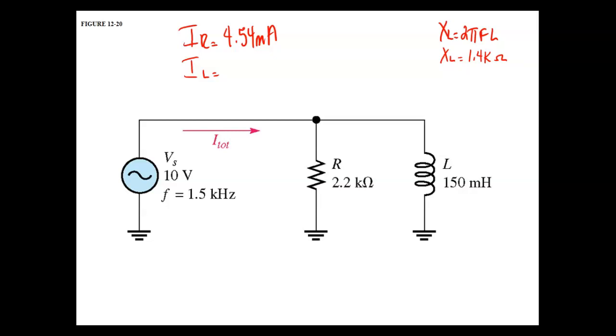Yes? 1.4? Okay, so now we can solve for IL. 6.28 milli, 1.5. What's IL? I got 7.1.